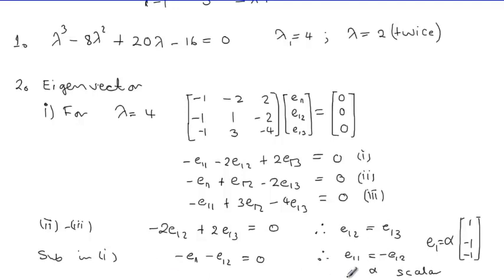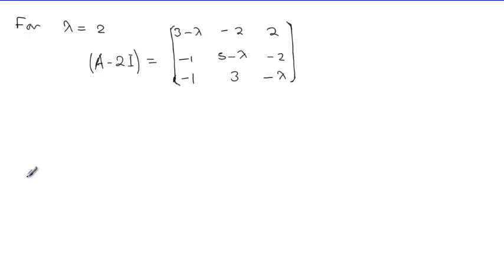Now, next we need to look at lambda equals to 2. For lambda equals to 2, the repeated root, let's write here equals to 2 twice, because we've got to make sure that we've got 3 eigenvalues. So this one is repeated twice.